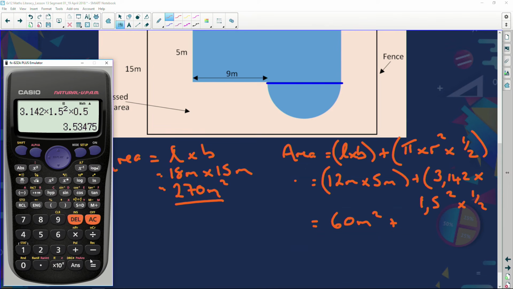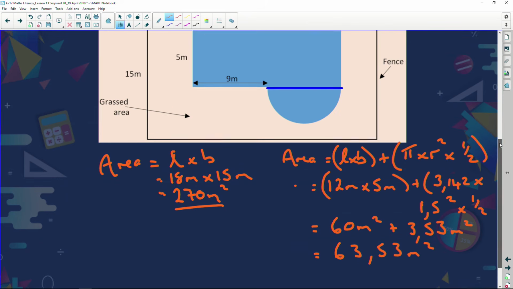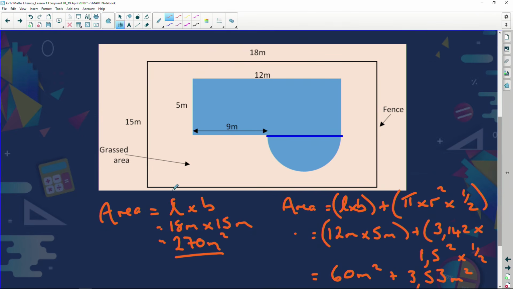It's going to be 3.53 meters squared. We add those together, 63.53 meters squared.